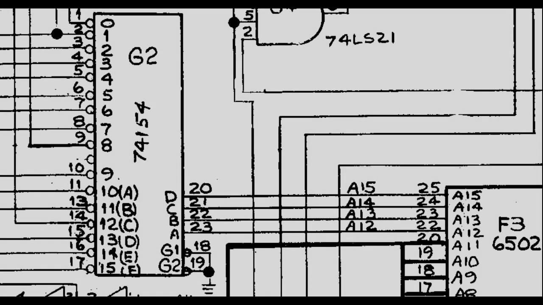In the same motherboard, we'll also check the main address decoder, which takes address from the CPU from A15 to A12, so 4 addresses, and selects one of its 16 outputs. Of course, these 16 outputs must not be low at the same time.